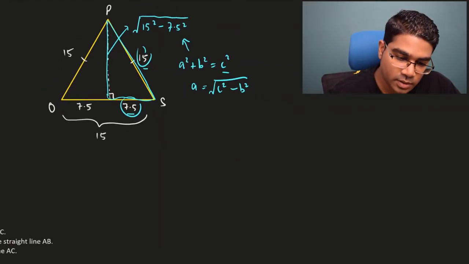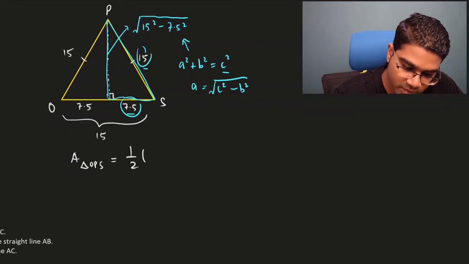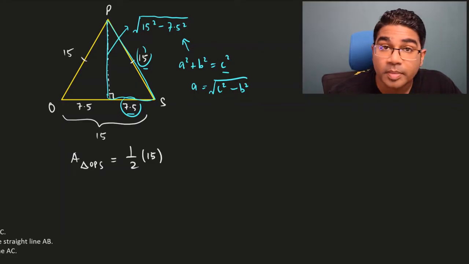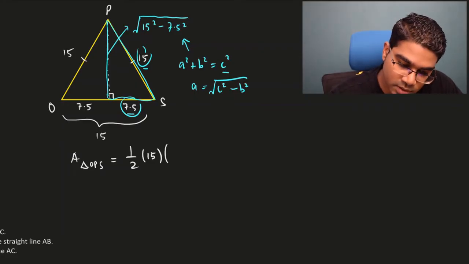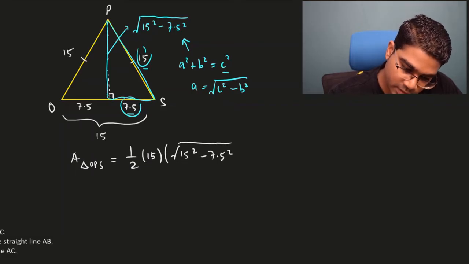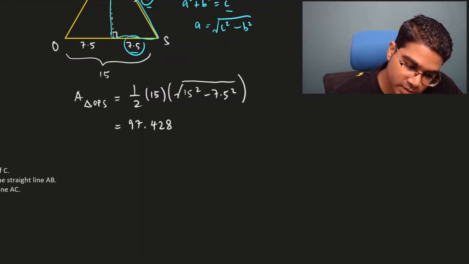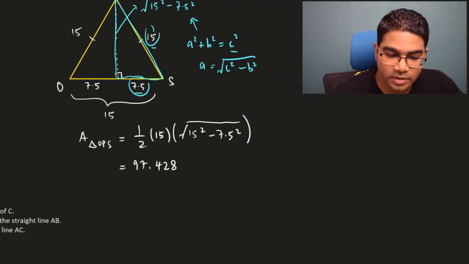So area of triangle OPS is equals to 1 over 2 times base, which is 15, times perpendicular height, which is square root of 15 square minus 7.5 square. This will be equals to 97.428. Now we have the area of the triangle.